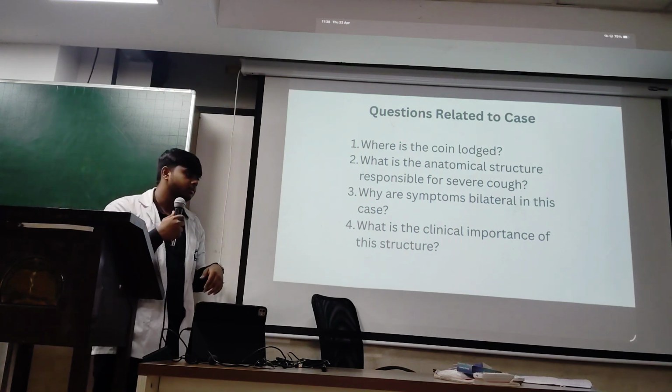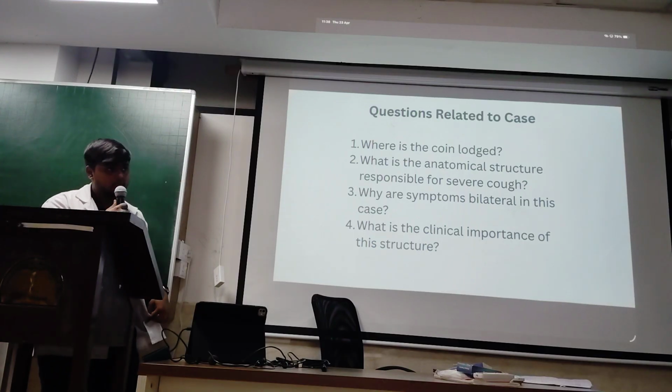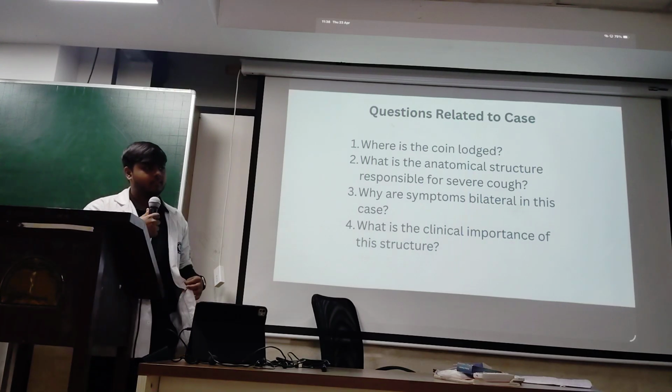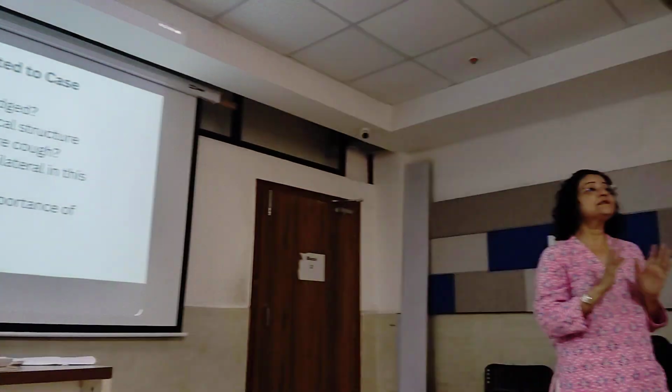So here I want to clear one thing. What is the difference between signs and symptoms? A symptom is something which a patient presents with. The patient will present with difficulty in breathing, breathlessness, coughing. These are symptoms.